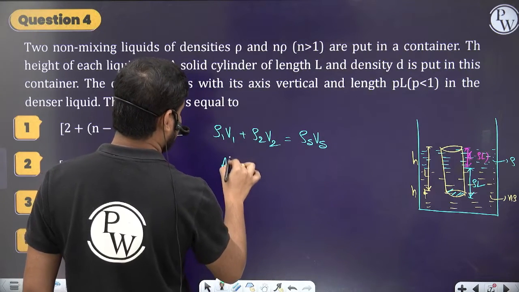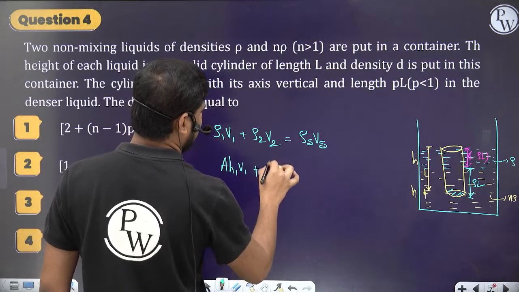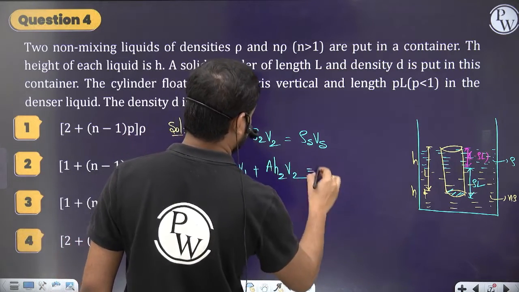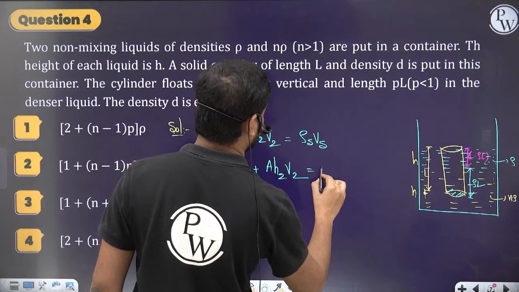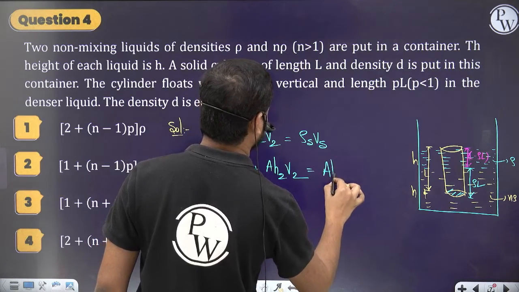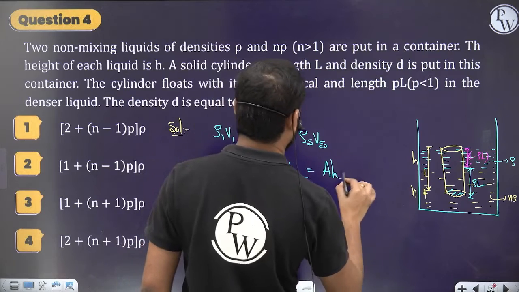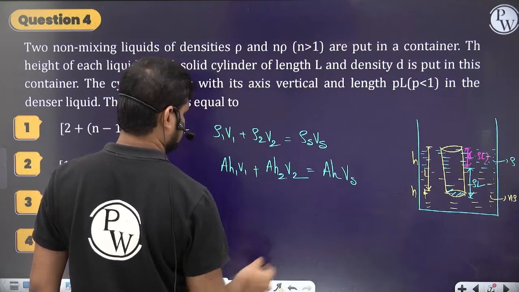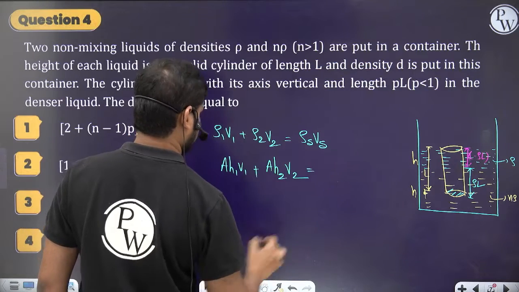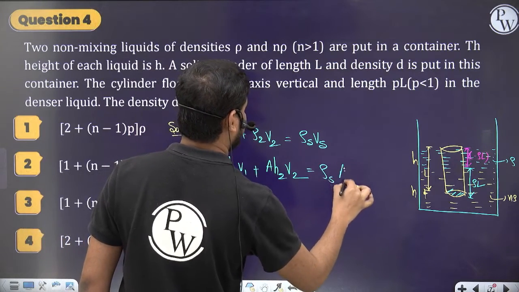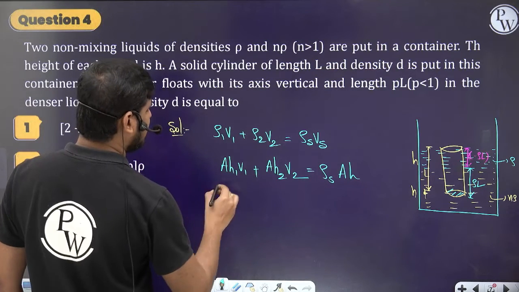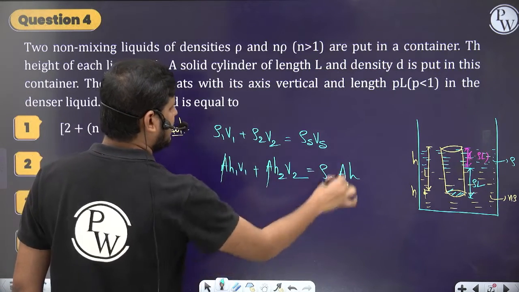So A H1 plus A H2 is equal to rho S into A into the total height H. Then A gets cancelled.